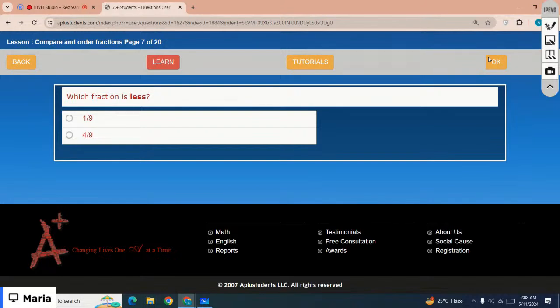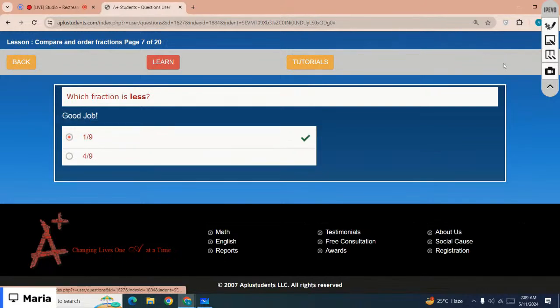Which fraction is less? Which is the correct option? Yes, 1 by 9 is less than 4 by 9. The correct option is 1 by 9.